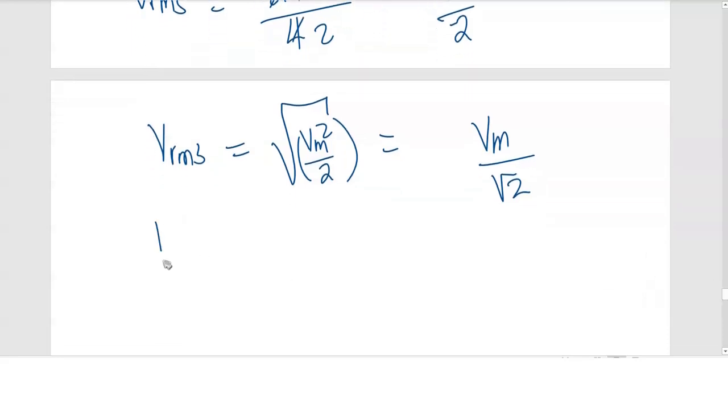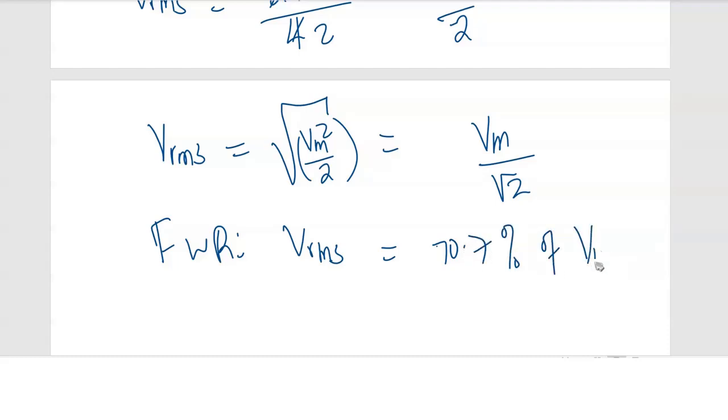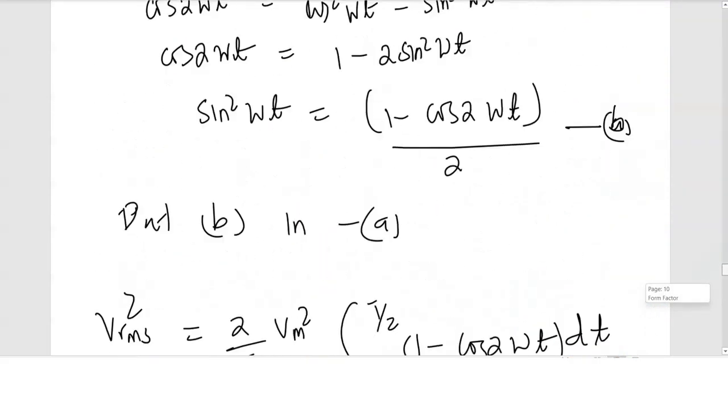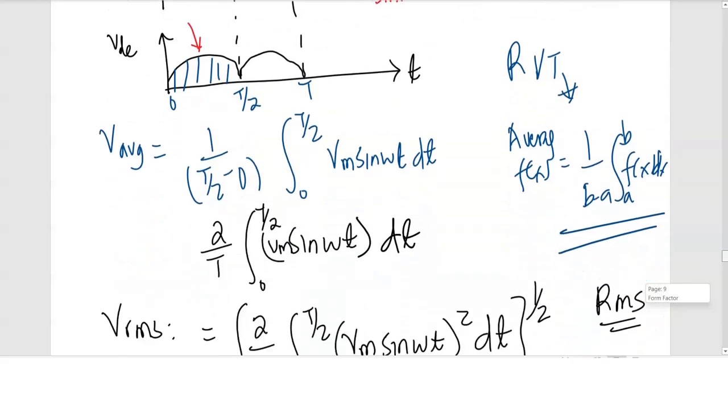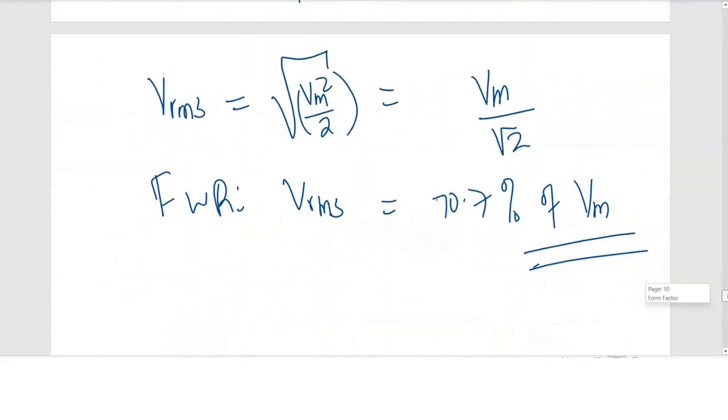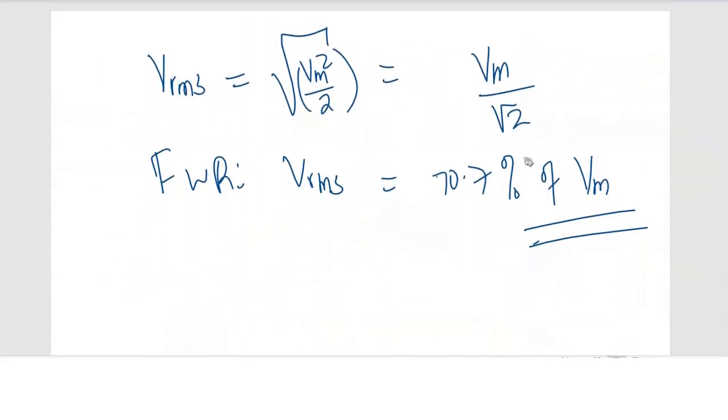That's why for a full-wave rectifier, VRMS is always equal to 70.7% of the peak voltage, because 1 over root 2 gives you 0.707. So always the VRMS of a full-wave rectifier, be it with a center tap or a bridge rectifier, is Vm over root 2.